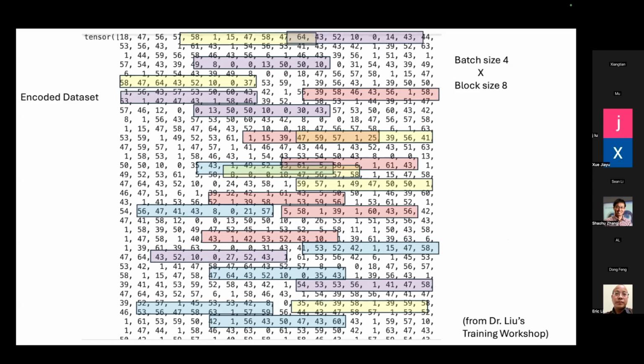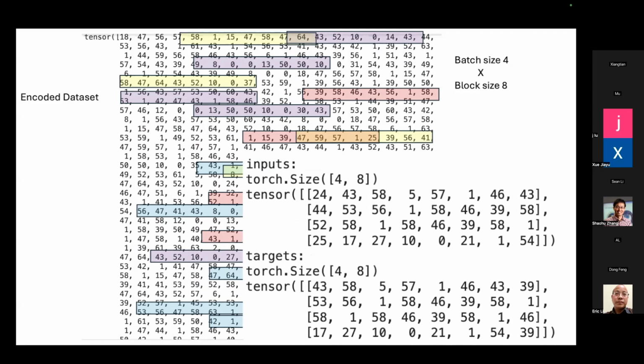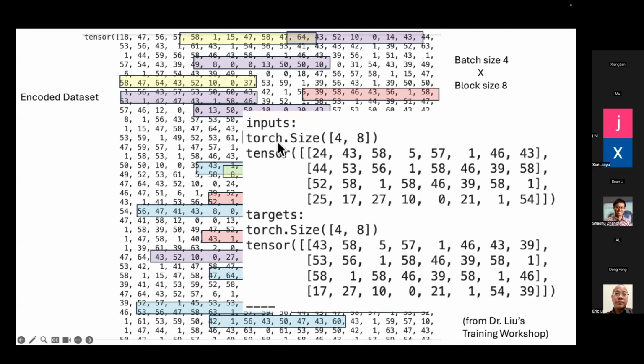So now you understand what is going on in the training, the sampling of data, what the batch size means, and what the block size means. After that, for example, we have the input. In the first round of input, we have the 4 by 8, as I explained earlier. Then we can have a target. What does the target mean? For example, we have 24, 30, 42 and so on, because the next one starts at 43, 43, 84, then ends here.